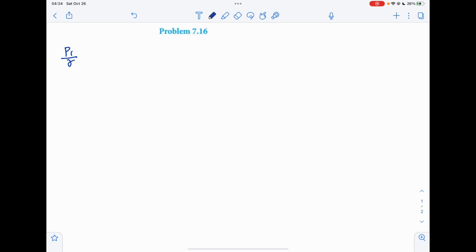P1 over gamma plus V1 squared over 2g plus Z1 equals P3 over gamma plus V3 squared over 2g plus Z3 plus the head loss.